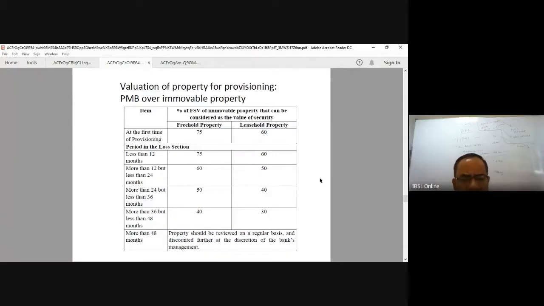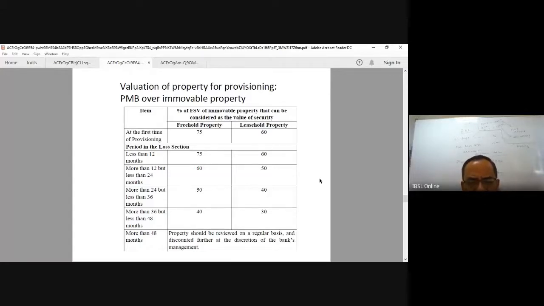That is the last, but more than 48 months. That means for your facility overdue for 18 months, from that another 48 months, another 4 years. So 18 months means 1.5 years. Another 4 years, 5.5 years. After 5.5 years, the property should be reviewed on a regular basis, and then the bank can make further discounts.